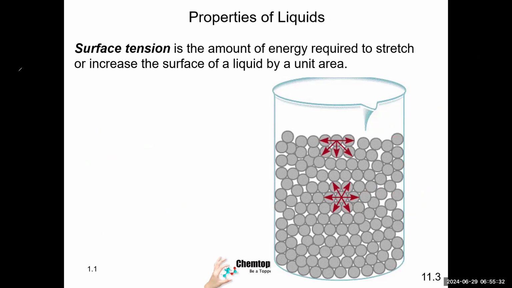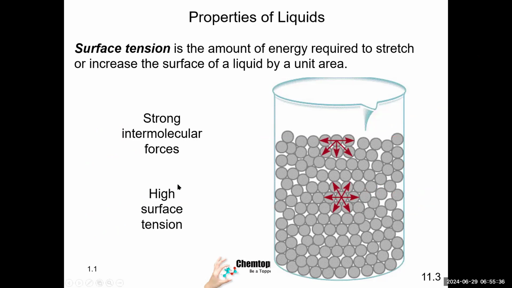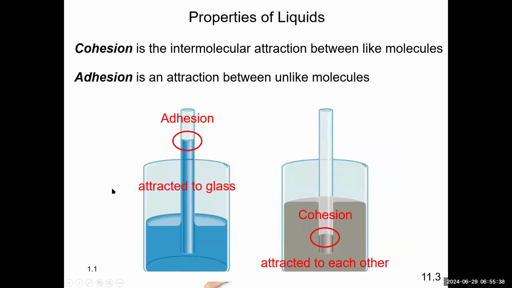So strong intermolecular forces means high surface tension. Now the surface tension, which is a downward pull, then with this we have two more properties of the liquid. One is called cohesion. Cohesion means they're attracted to each other. They have similar IMF, polar, then they are attracted to each other.